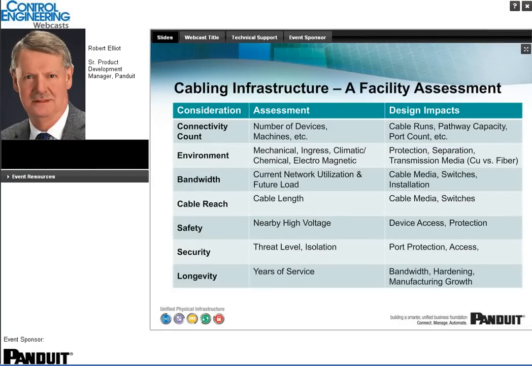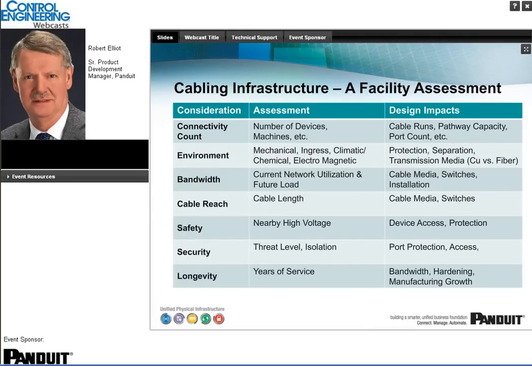Finally then, as we look at a facility assessment for cabling, some of the areas that we've talked about, the considerations: connectivity count, the number of devices. That impacts the number of cable runs, the pathway sizes, the number of ports, the idea of future-proofing.